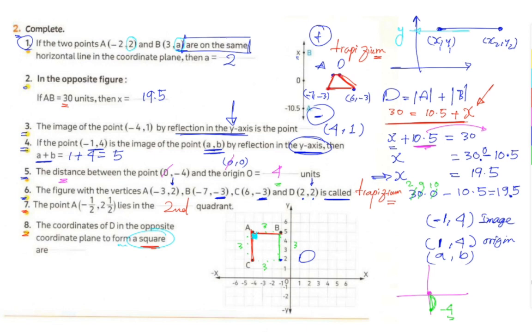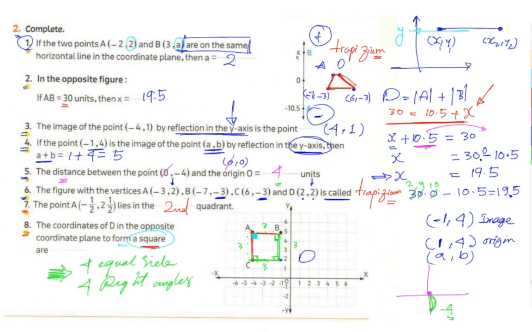I also need 4 right angles. Yes, we have 2 horizontal and 2 vertical, so a right angle here, and another right angle here. Okay, that's compare or form.